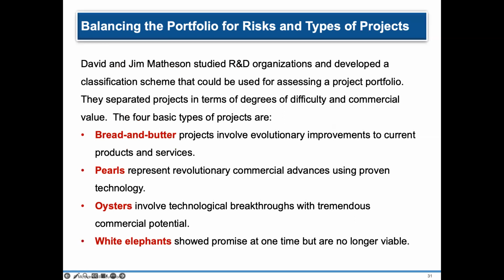So in the project management office, you actually have to balance your project portfolio according to risk and the types of projects. So Jim and David Matheson studied research and development organizations and developed a classification scheme that could be used for assessing a project portfolio.